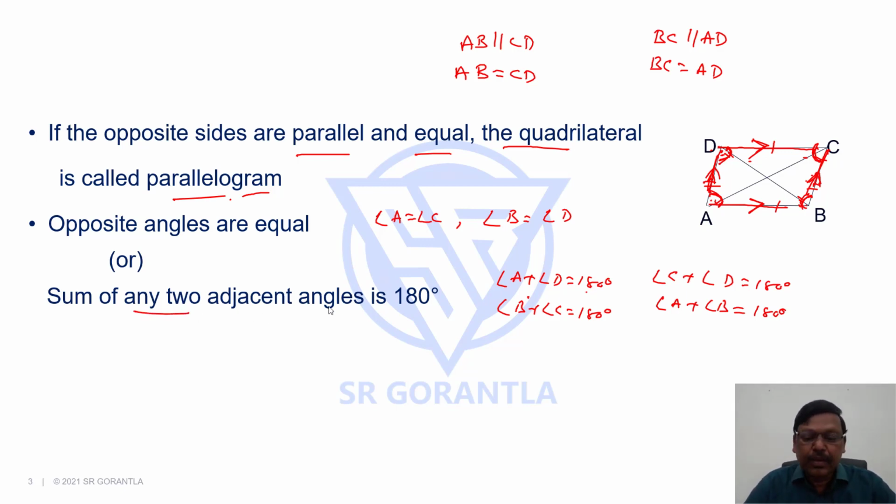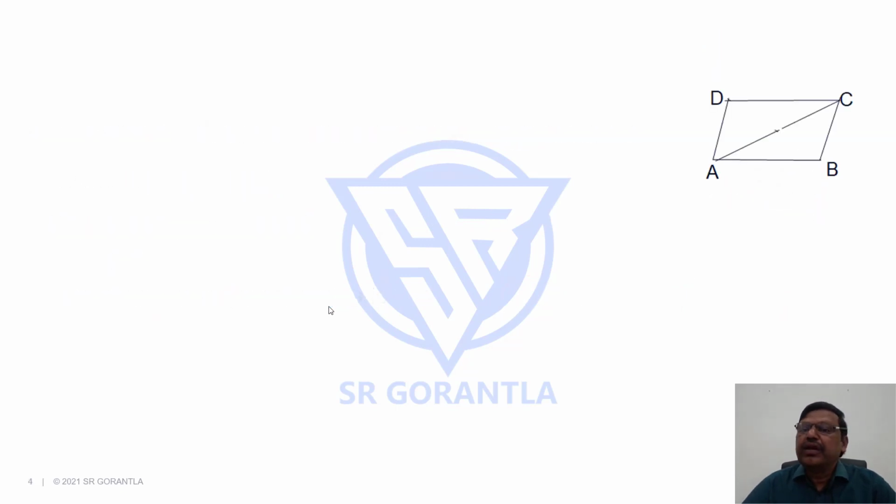Next, if you draw a diagonal in a parallelogram, this diagonal will bisect the parallelogram into two congruent triangles. Why? Opposite sides are equal. If this is A, this is A, and if this is B, this is B, and this is the common side.